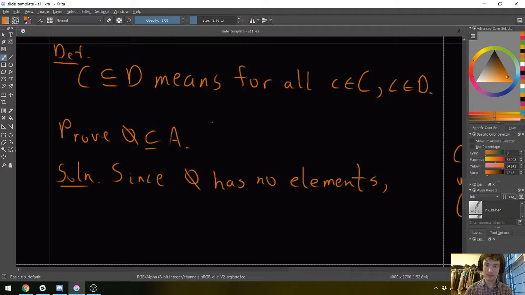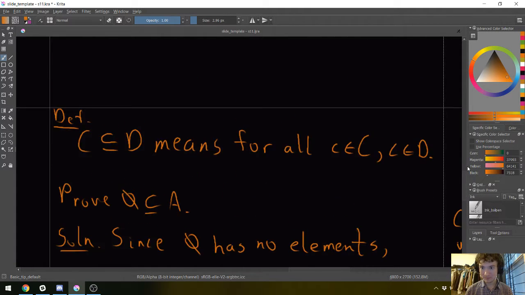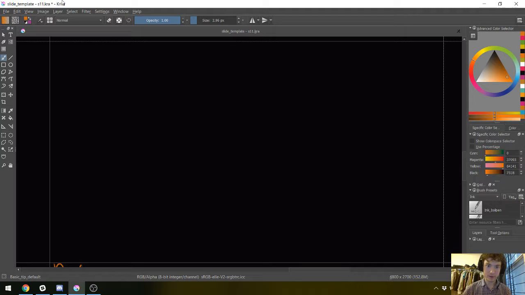Maybe a better way to write this definition is to write it as a Python function. I'm just going to rewrite what you just told me a moment ago as a Python function. So def, I'll pretend these are lists. So def is_subset, and it'll take in two things, C and D. Here, what does this function do?